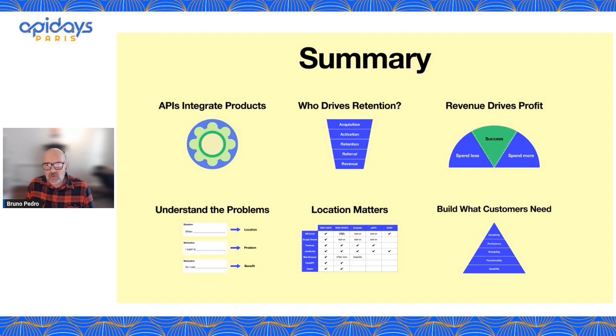We also looked at the drivers of retention, non-developers, how to measure profitability, how to understand if you're profitable and the relationship to retention, how to understand the problems that users have using the jobs to be done framework, knowing that location matters, being on the apps and tools that your customers are using is mostly important, and finally building what customers need so they use your API products effectively.